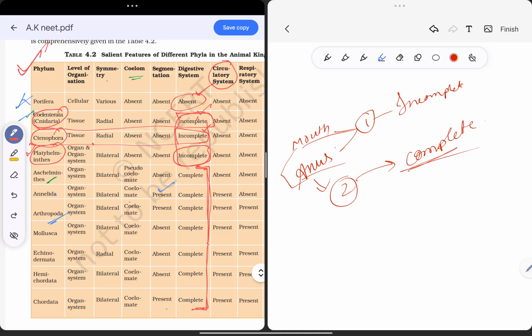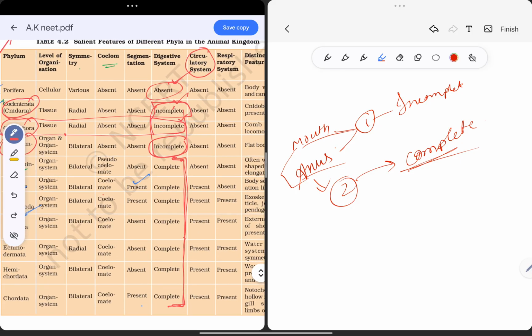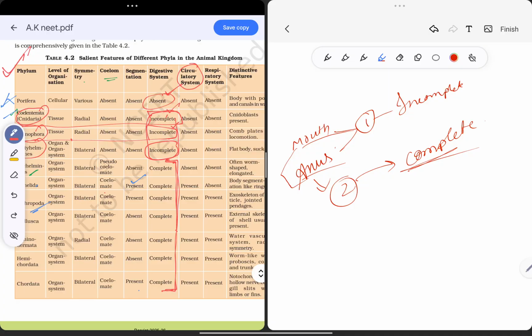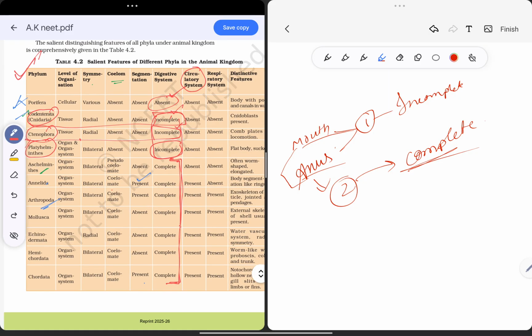The next is the circulatory system. The circulatory system is absent in Porifera, and it is absent till Aschelminthes, from Porifera to Aschelminthes. From Annelida it is present.